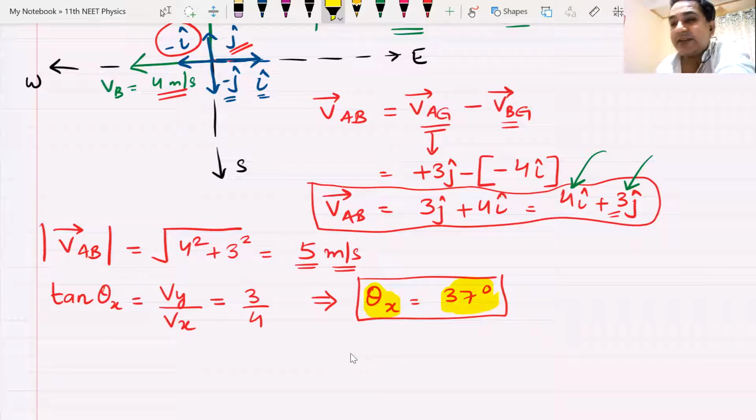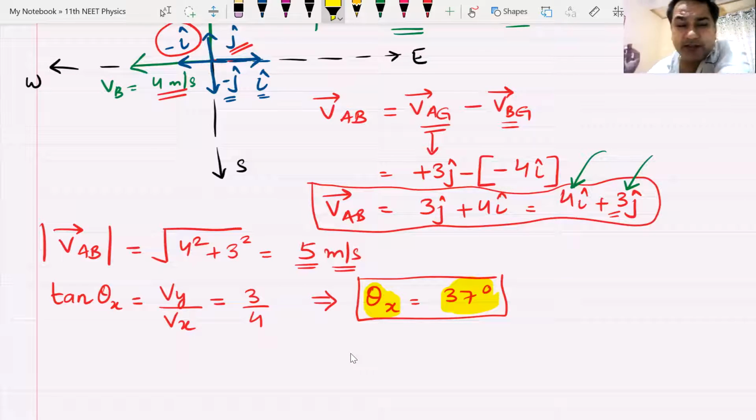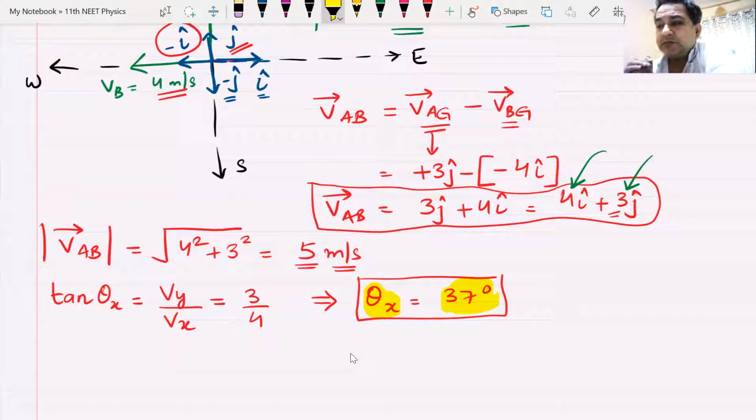Can I have some raised hands that we understood this up till this point? We have found out that the angle this velocity makes with the x-axis is 37 degrees. Srilata, Bhojraju, Surya, Vasant, Tarun, Tanu, Nayan, Vishal, Akshay.